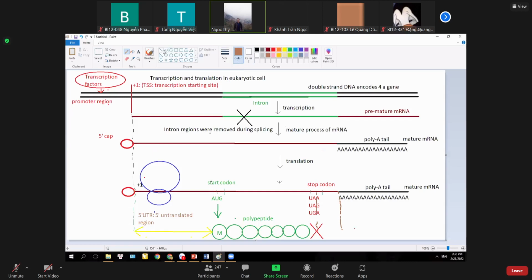We have the region here. This region was transcribed and is located in the mRNA, but not translated because it is not coding. So we call it the 3' UTR region.